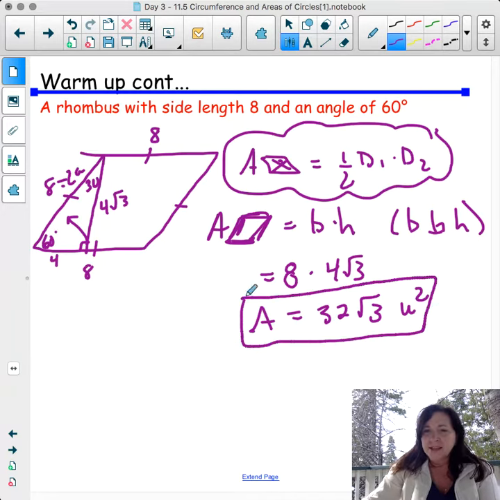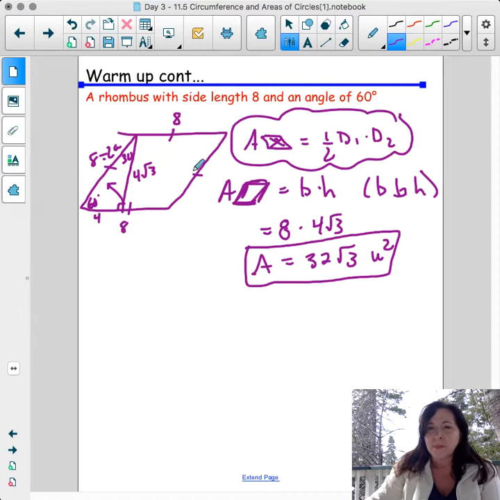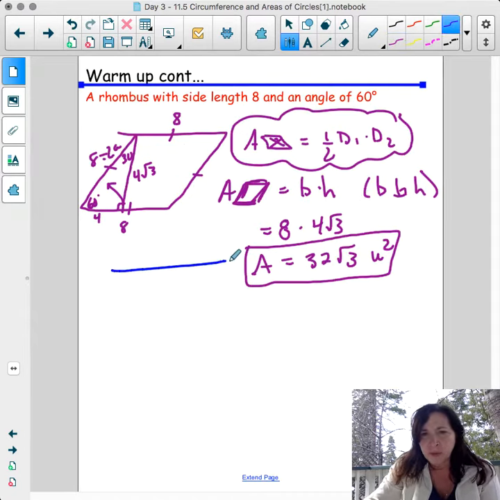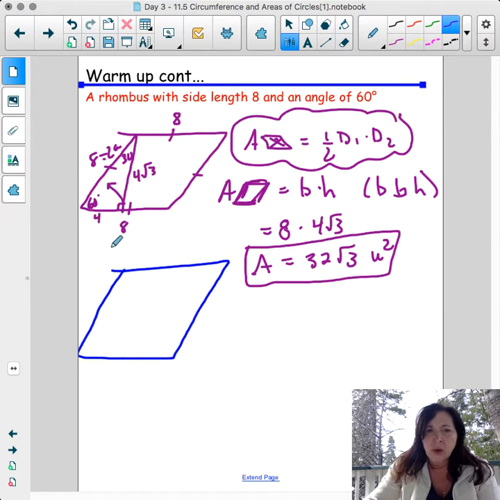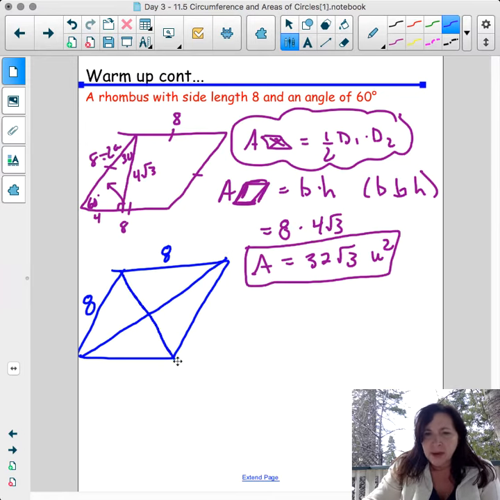Now, let's go back and think, is there any way I can use my rhombus formula, which is 1/2 diagonal 1 times diagonal 2? If these are all 8, which we know they are, and I drew in my diagonals, we know that for a rhombus, the diagonals are perpendicular.